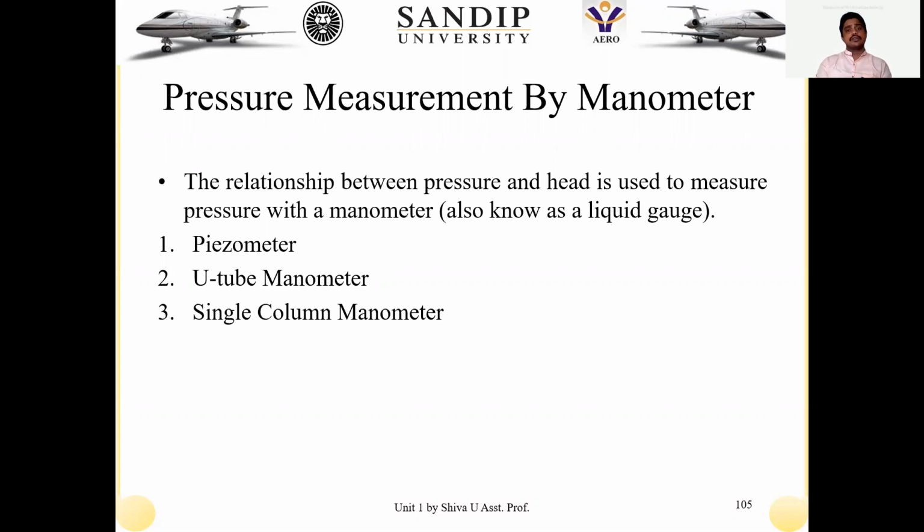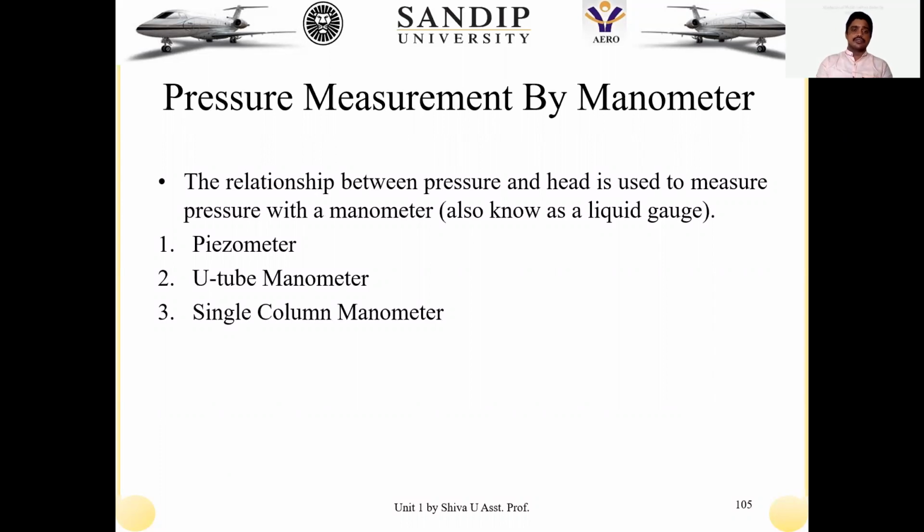So coming to the manometer types: manometers can be single tube manometers or single column manometers, initially called piezometers. So piezometers, U-tube manometers, single column manometers, and multi-tube manometers are also available, right? The U-tube manometers are also called multi-tube manometers.